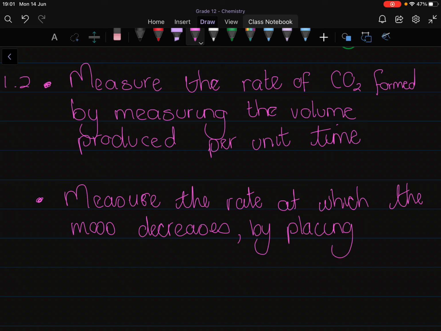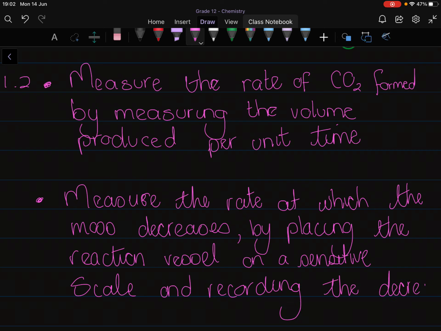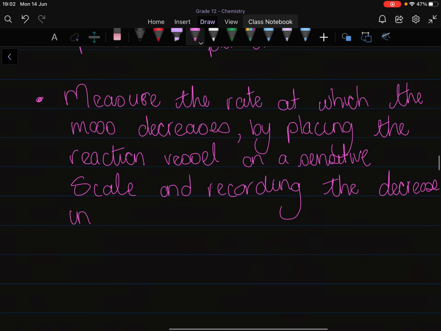By placing the reaction vessel on a sensitive scale and recording the decrease in mass per unit time.